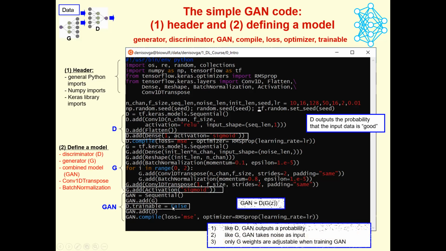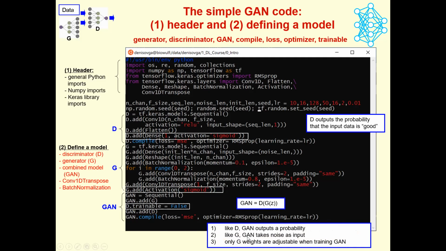And finally, an important comment about the GAN, the composite model. For the GAN, we also use the sequential construct approach, but instead of adding individual layers, we now add the entire model. For the GAN, we first add the generator model, and then we add the discriminator model.